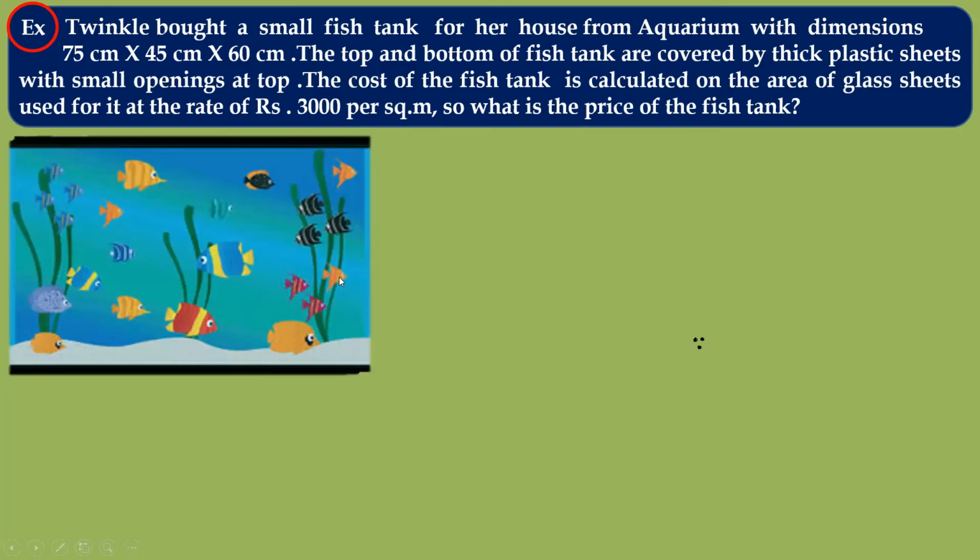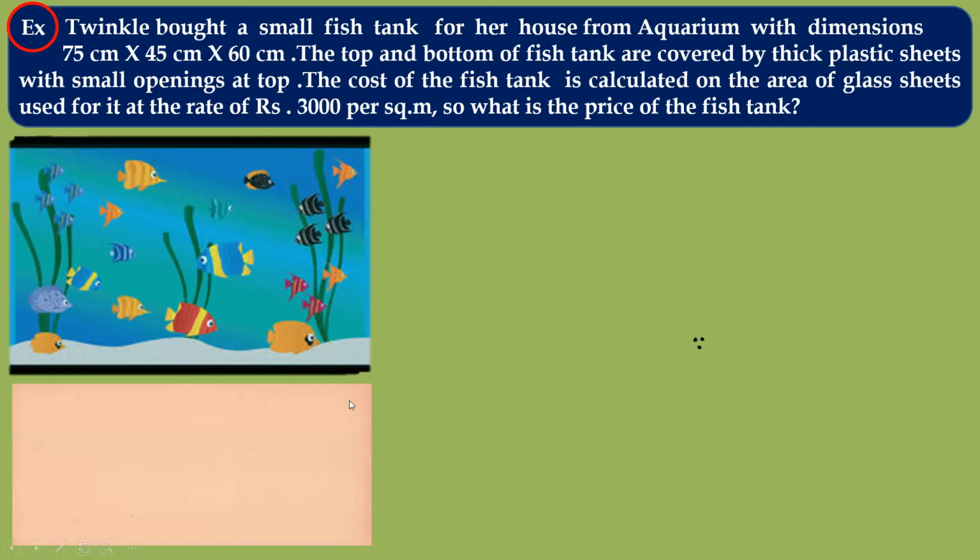Here we have one fish tank. And now, according to this problem, we can see that the top and bottom of this fish tank are covered with the thick plastic sheets, right? It means that four sides, which are the lateral sides of this fish tank, are made up of glass sheets. So we have to calculate the lateral surface area of this fish tank, right?